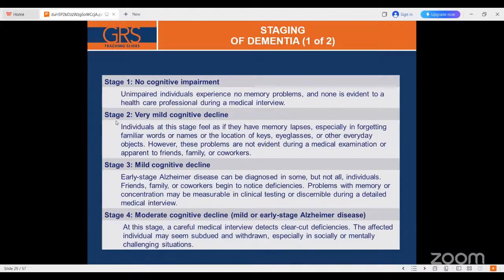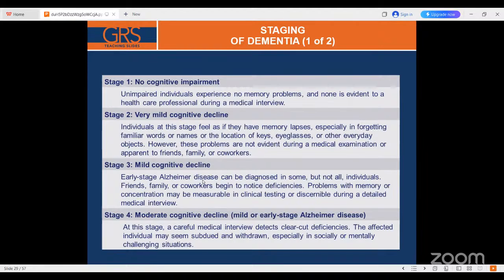Then we have very mild cognitive decline, which is stage 2. The patient has some sort of memory lapse, especially forgetting familiar words, where he put his glasses, where he put his keys, and so on. Then we have mild cognitive decline, which is stage 3. This is an early stage of Alzheimer's disease.